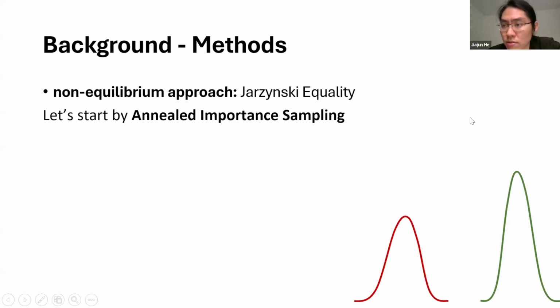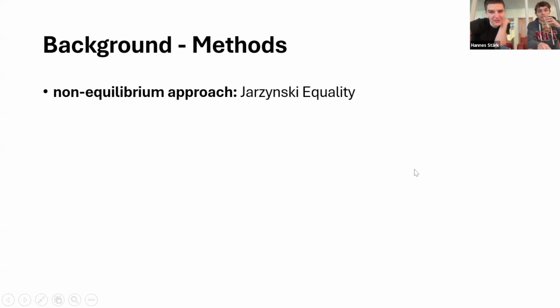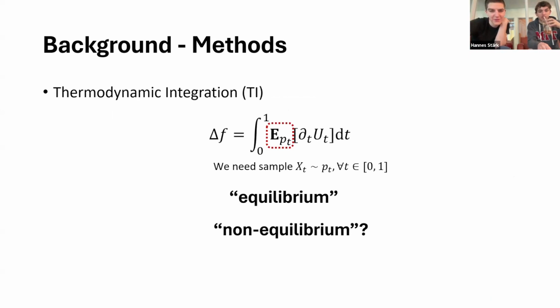Can you go back and elaborate a little bit on why we call this equilibrium sampling? We now have a changing density. So why is it equilibrium sampling? Yeah, basically it depends on the path from 0 to 1.